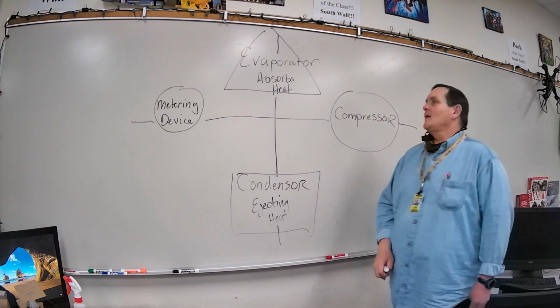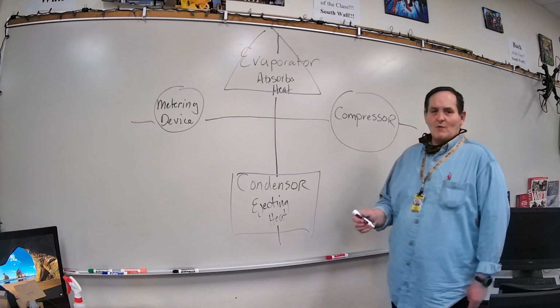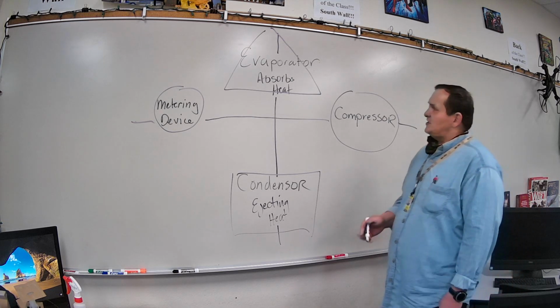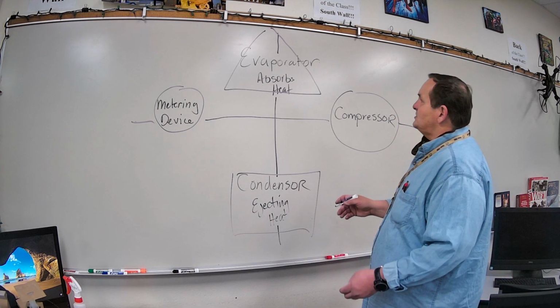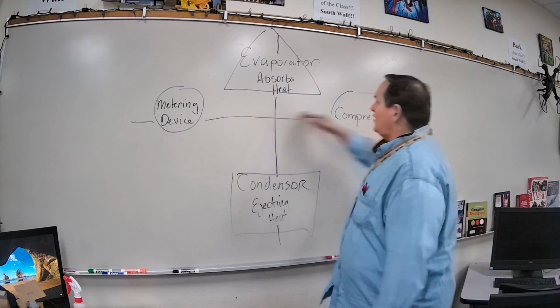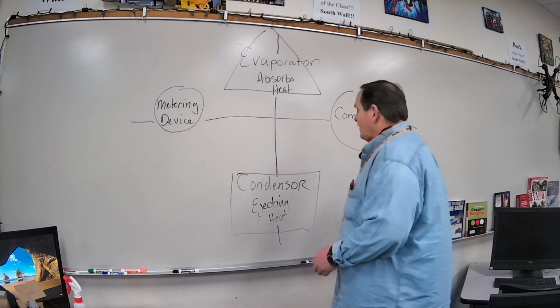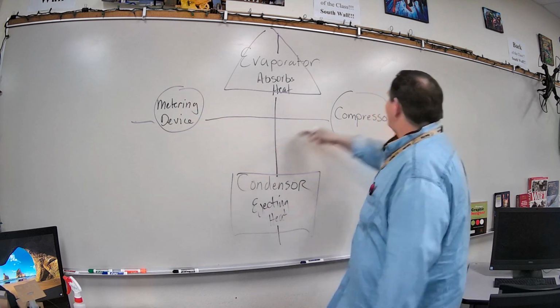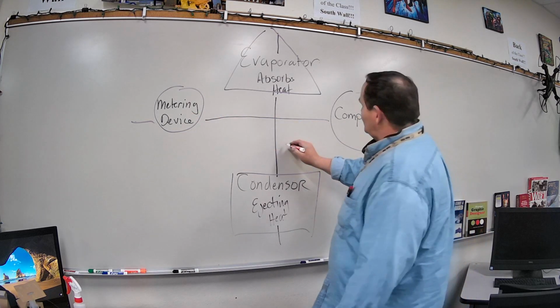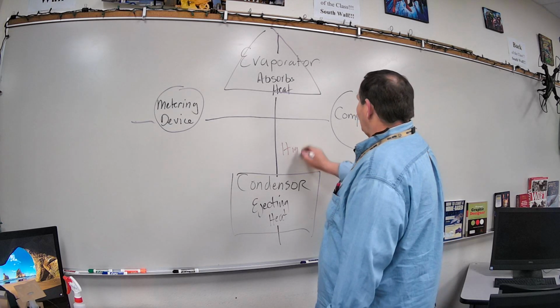All right. So the reason why we're doing this is you're going to show, for instance, on an air conditioning system right here, between here and here, halfway through the metering device and halfway through the compressor, this becomes the high side of the system.